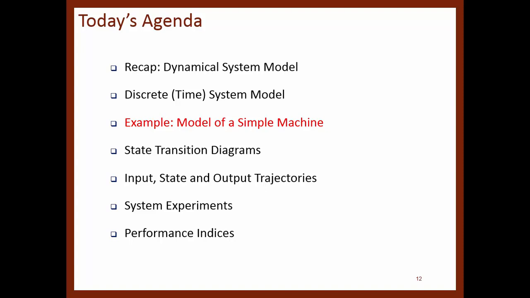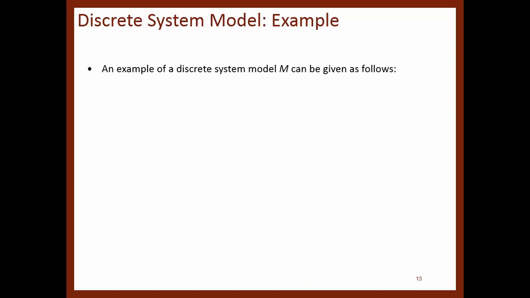So let's look at one example. This is the model of a simple machine. So an example of a discrete system model M can be given as follows. So this is what we're going to call a machine in terms of this example.